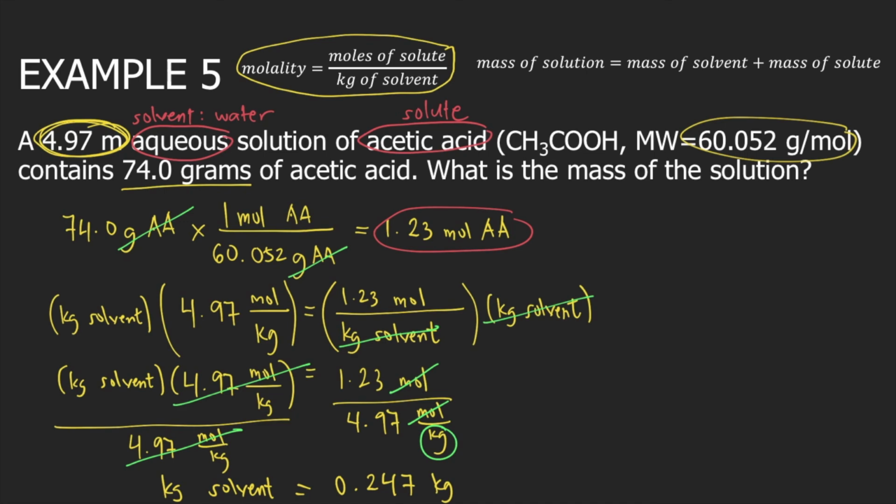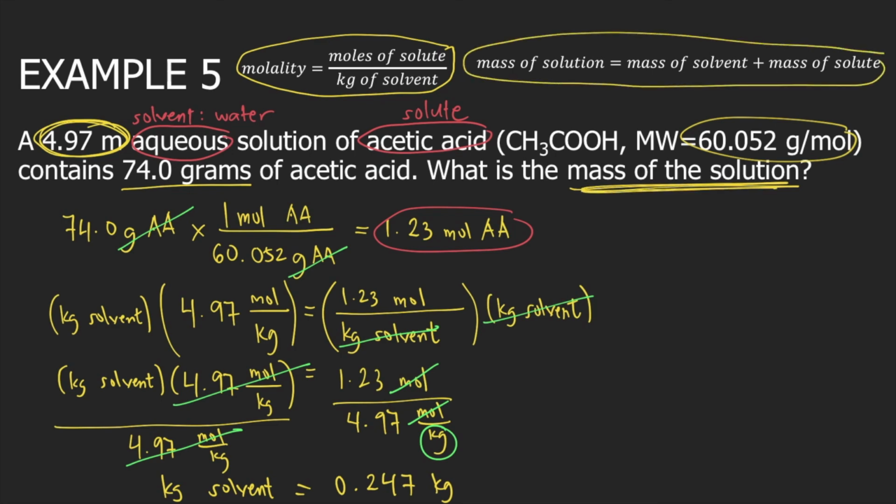The problem is asking for the mass of the solution. So we will be using this formula. However, the problem did not indicate what unit we should use, if it's kilograms or grams. So it's up to us. And in this solution, I will use kilograms for the final answer.